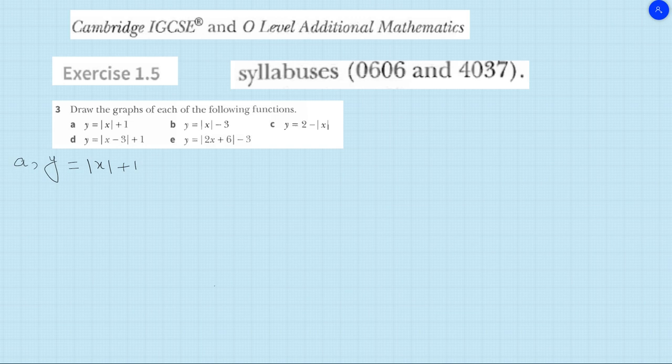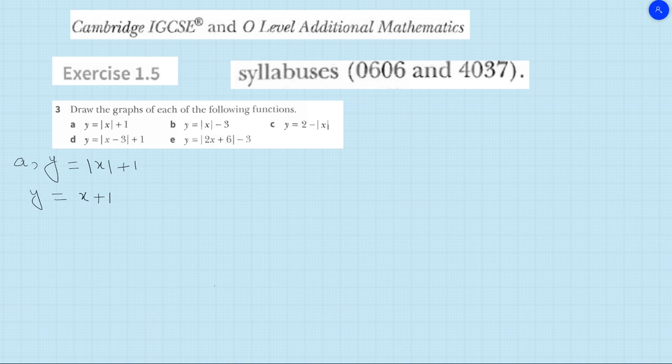It means first we will not consider the absolute valued function. We just rewrite our equation in this form. This is absolute x, so we just write this without the absolute sign. So it is just x plus 1. So this is our straight line y is equals to x plus 1.